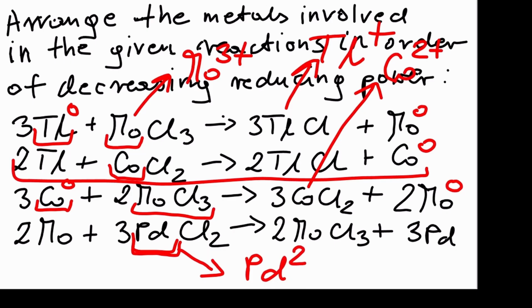We have palladium cations with the charge equal to +2. Palladium is reduced, and molybdenum is oxidized to molybdenum cations with a charge equal to +3. So on the basis of the last reaction, we know that the molybdenum is more active than palladium. So this means also that palladium is more noble than molybdenum.